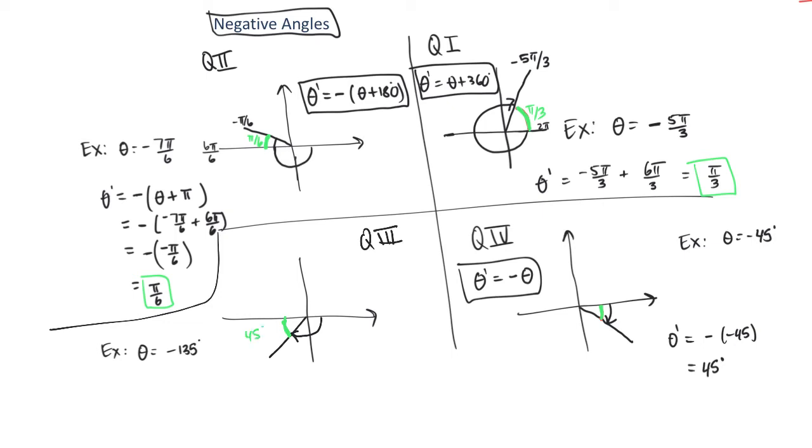But let me show you how you can find that out. You're going to take your angle and add 180 to it. Take our angle and add 180. In this case, we would take our angle and add 180 to get that value.